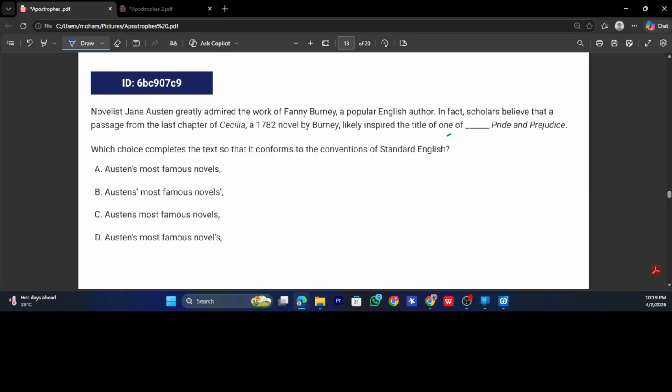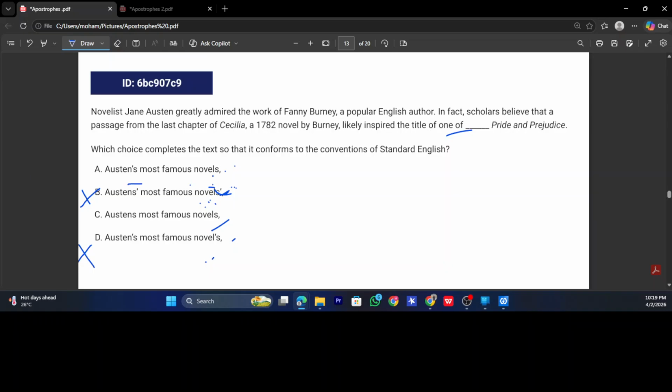Okay, next one. After a comma you don't need any apostrophe. So first of all, immediately cross out this B and also D, and it is ownership, no bills.